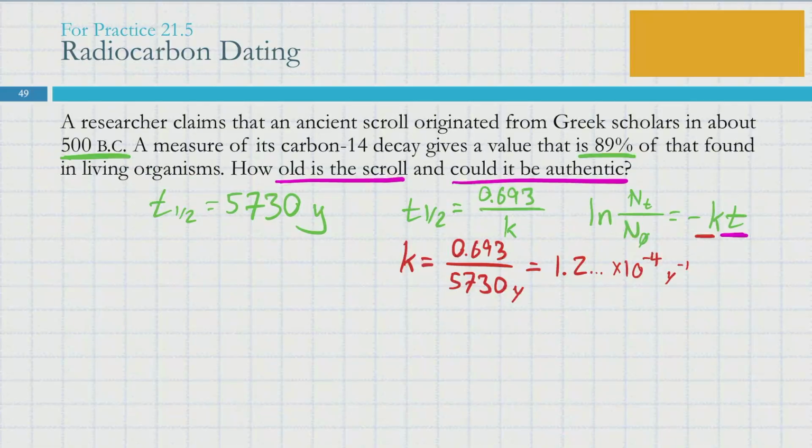N is standing in for the number of nuclides. One of them is 89%. So this is part of what makes these questions tricky. Otherwise, they're not tricky. It's just figuring out what the numbers are. That's the only tricky part.